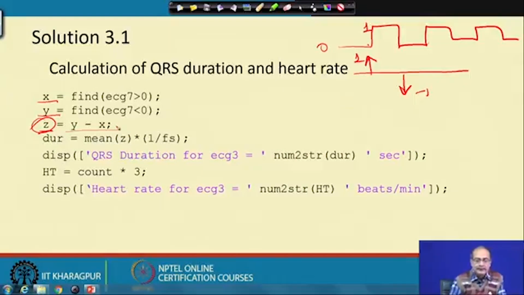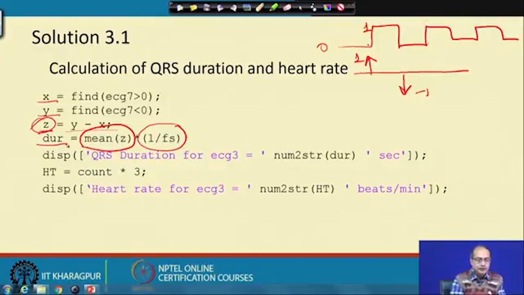So, to get the width of the QRS complex or the pulse in time, we have calculated the mean and multiplied it with the width of one sample, or the intersample interval, 1 by Fs. That gives us the duration of the pulse, and this duration of the pulse is taken as the width of the QRS complex.